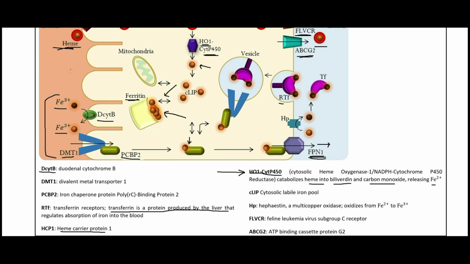Or if we have the iron here that's not bound to heme in the blood, it has to be reduced by this DCYTB into Fe2+, and then it's taken in by the DMT1, where then this PCBP2 chaperones it over to the FPN1, and so then that transports it into the blood.